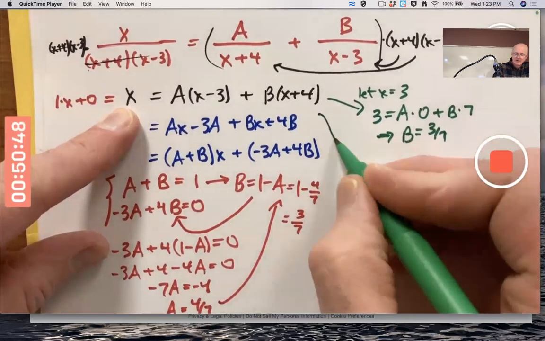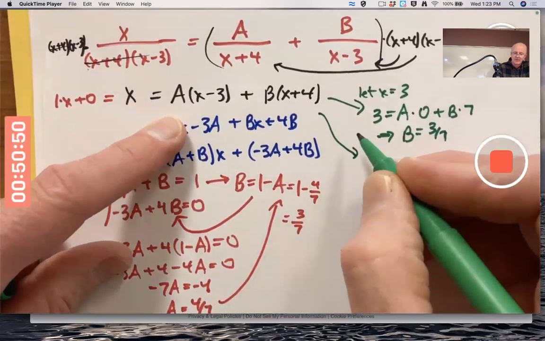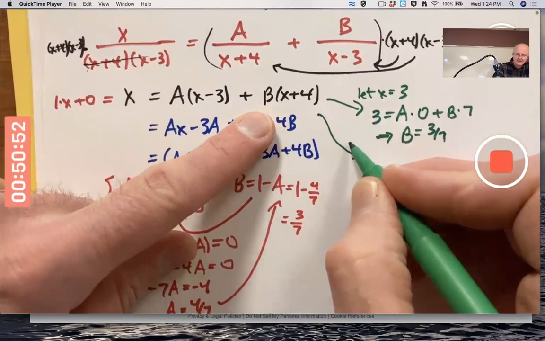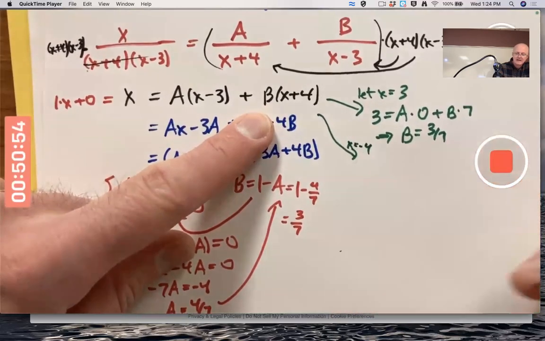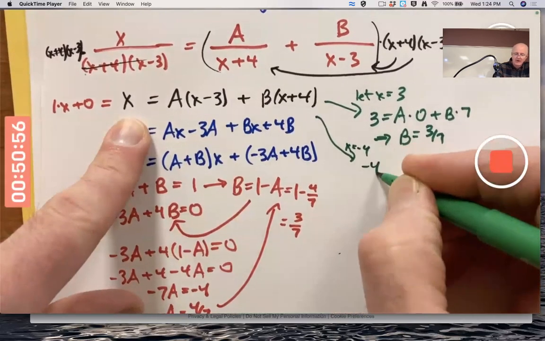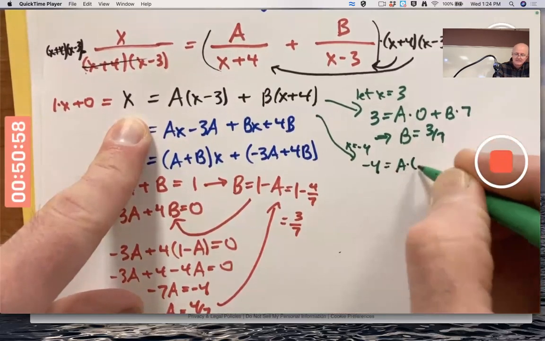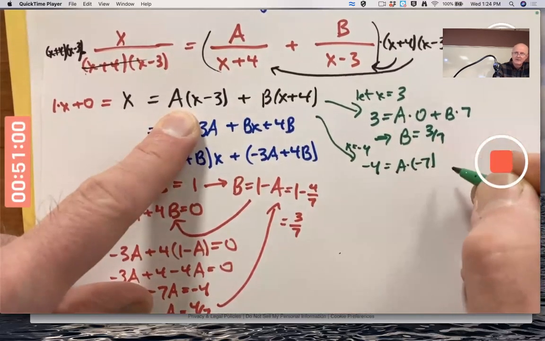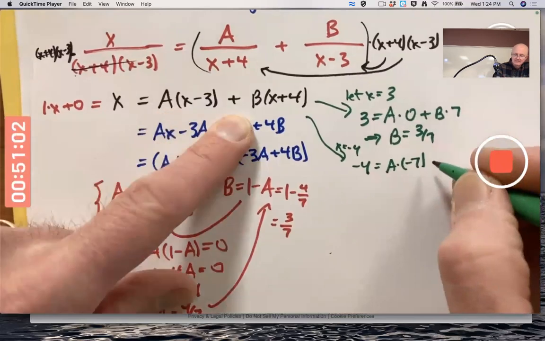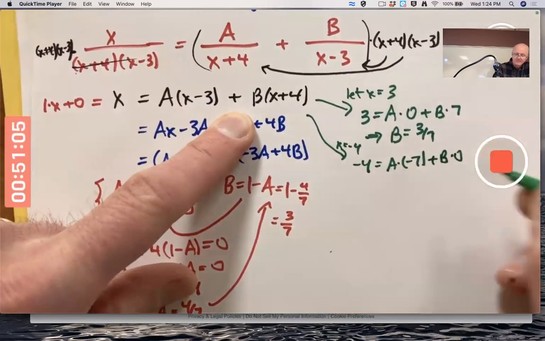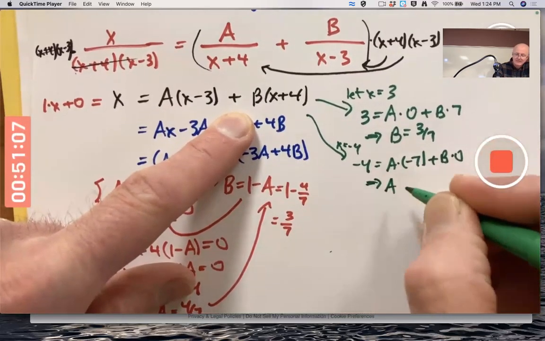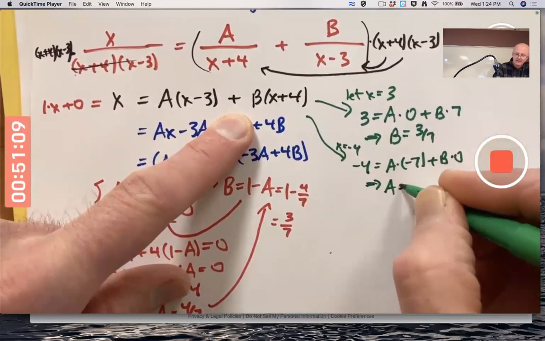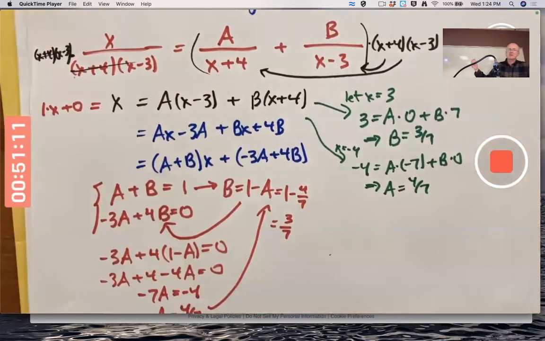And if I take this equation and let x equal negative 4 to make that 0, then I'll get negative 4 equals a times negative 7, right? Negative 4 minus 3 is negative 7, plus b times 0, and a will be negative 4 divided by negative 7, which is positive 4/7. Same answer, much quicker.